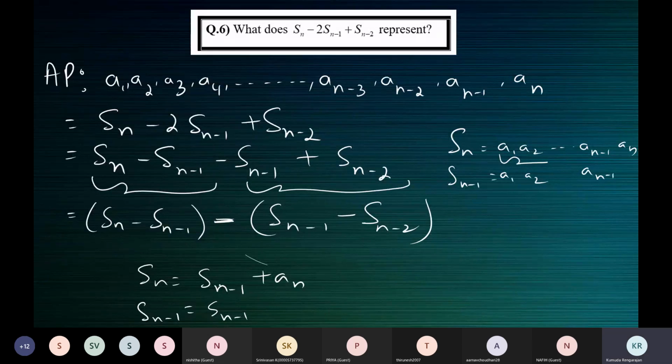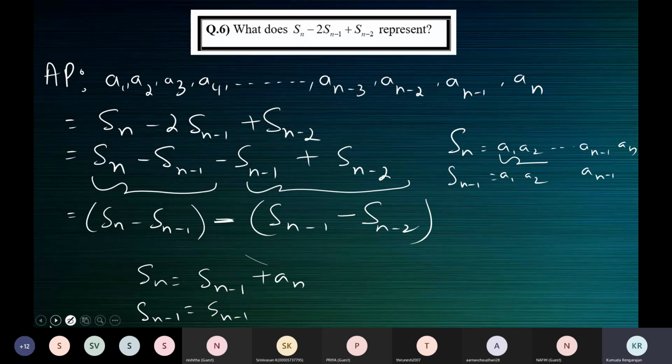What is the sum to n terms? The sum to n minus 1 terms plus the nth term, right? Yes, ma'am. Look at the AP. So the sum to n minus 1 terms plus the nth term.